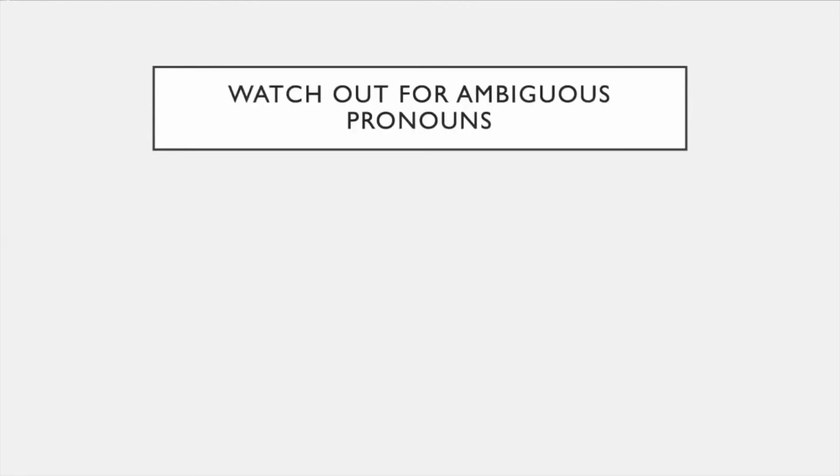Okay, so some things to watch out for with pronouns is ambiguous pronouns. Ambiguous pronouns are when you use a singular pronoun when there's two nouns in the sentence. For example, there's two males who are the subject of the sentence, and then we use the singular pronoun he to refer to it.